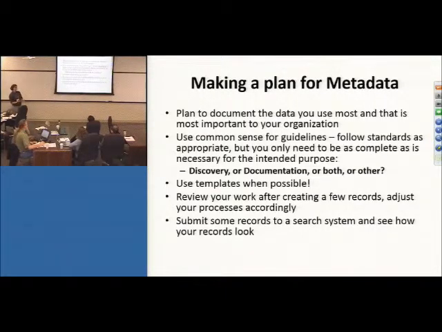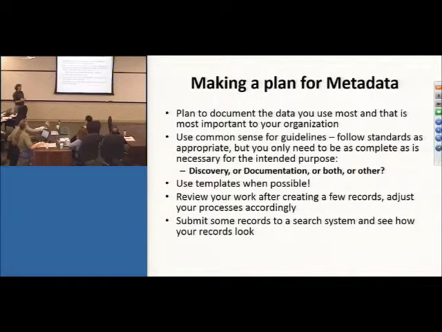So if you think your organization can get by with a very easy, simple standard, that's great. If you have very specific things that people always need to know every time about your data, you might need one of the more complicated formats. So start from a standard that sounds like it's appropriate to you, and then be as complete as you need to be for the intended purpose.